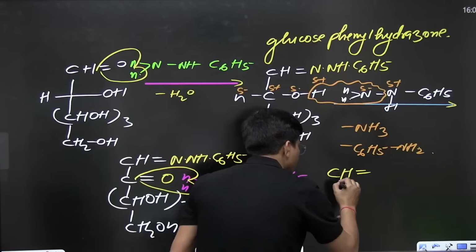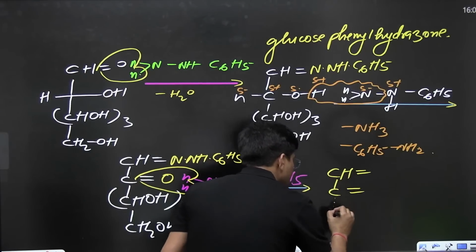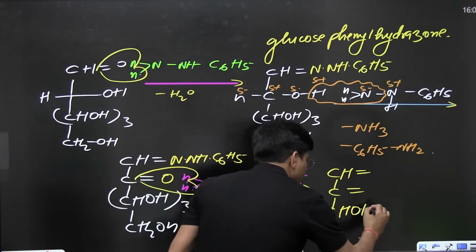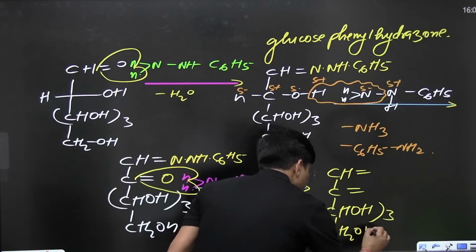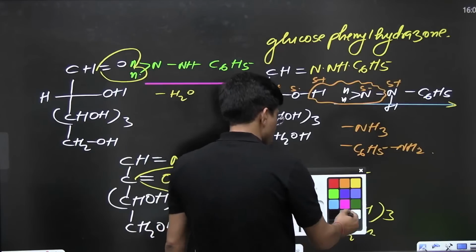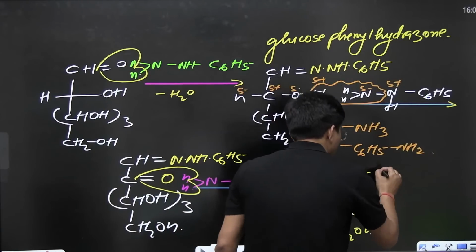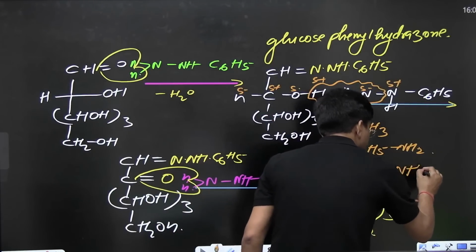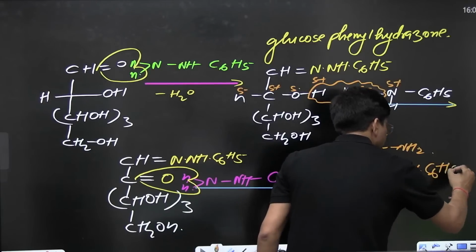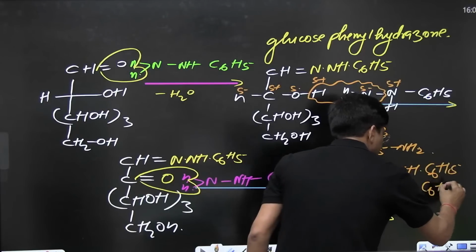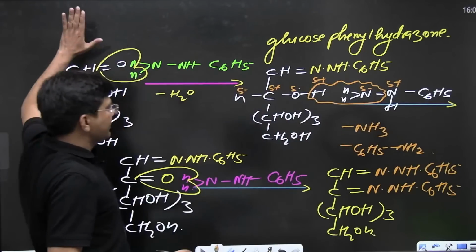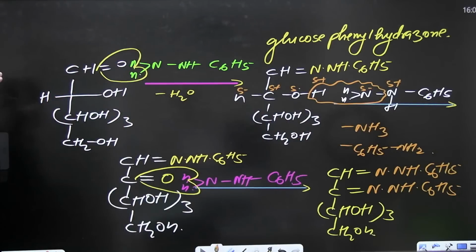And you will get CH double bond N, C double bond N, CHOH whole thrice, CH2OH, with NHC6H5 and NHC6H5. So this is the mechanism.